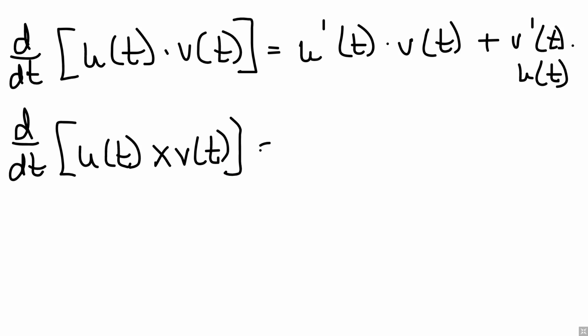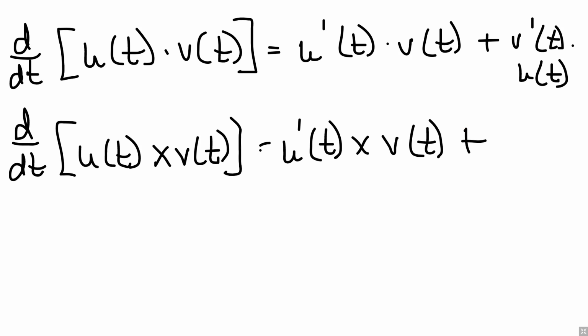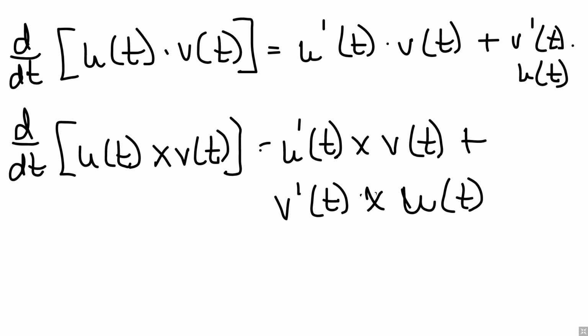When I do the cross product, it's going to be the derivative of the first crossed with the second, plus the derivative of the second crossed with the first. Okay. Any questions there?